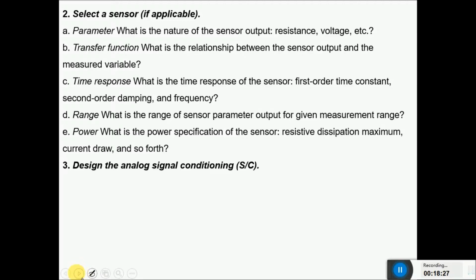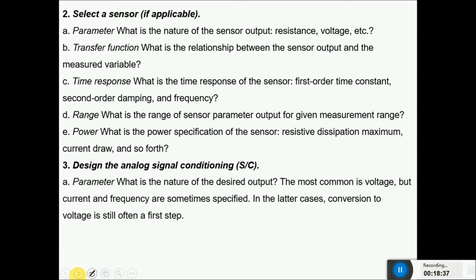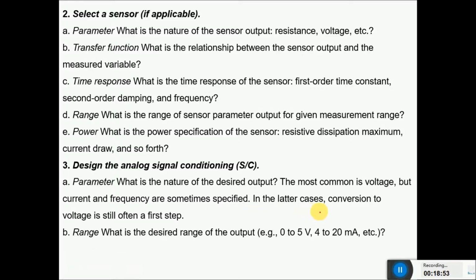And then, after determining these parameters and selecting a suitable sensor, we come to designing the actual analog signal conditioning circuit. And the first step in that is, again, the parameter. What is the nature of the desired output? The most common is voltage, as we discussed earlier, but in some cases current or frequency is also preferred, and in that case we can use the conversion circuits, conversion to voltage or conversion from voltage.